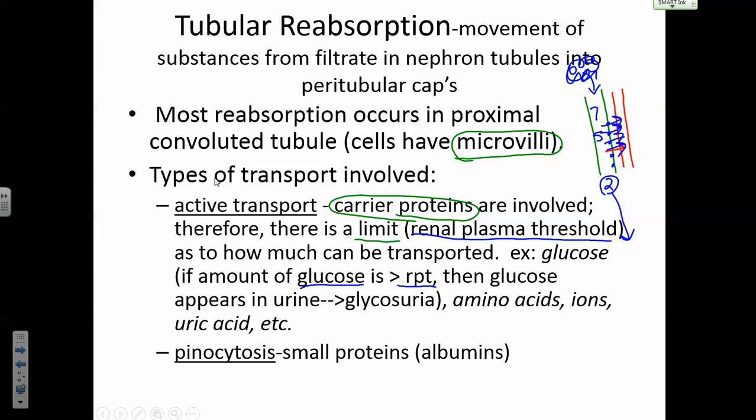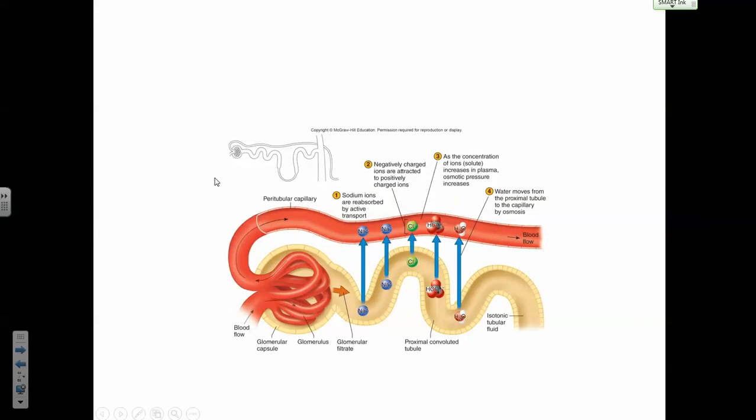Okay. And then here you see some examples of things being transported. Okay, so let's say here's the sodium ions. They're actively transported. Okay, and then that's followed by chlorine ions.